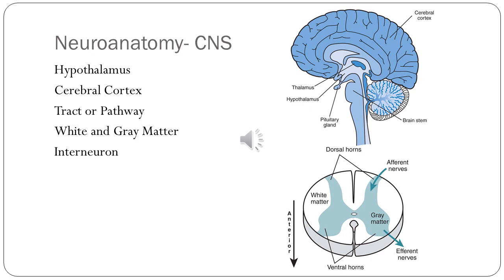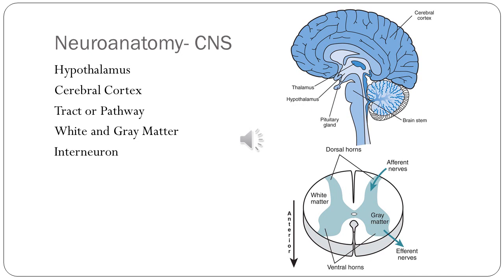Ascending tracts transmit information up the spinal cord to the brain. So two different types of tracts based upon the type of information and what that's going to be responsible for. So again, basically just a bundle of nerve fibers in the central nervous system.